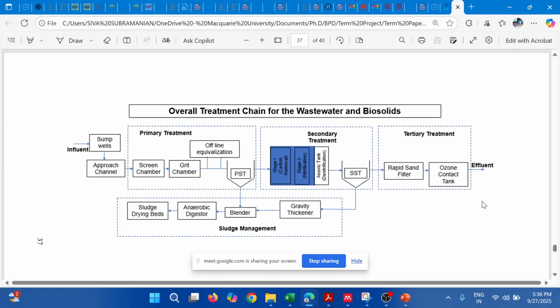If there is less space but you are ready to spend money on energy, because membrane processes will require energy, then you can go for MBR. It all depends on how you design. Here you just try to understand the concept: what is MBR, what is MBBR. That's enough.